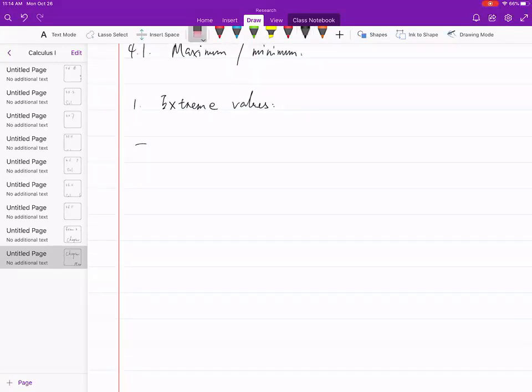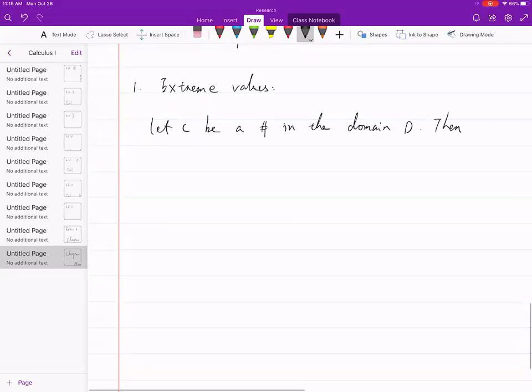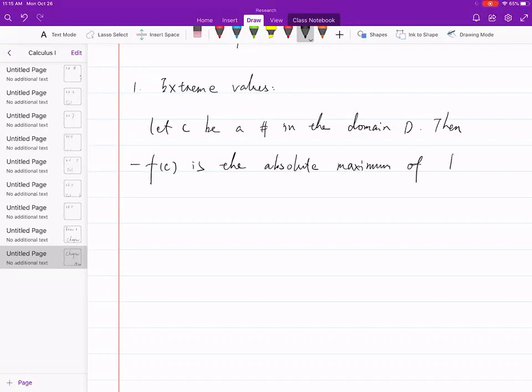Let c be a number in the domain D. Then f(c) is the absolute maximum of f on D if f(c) is bigger or equal than f(x) for all x in D.